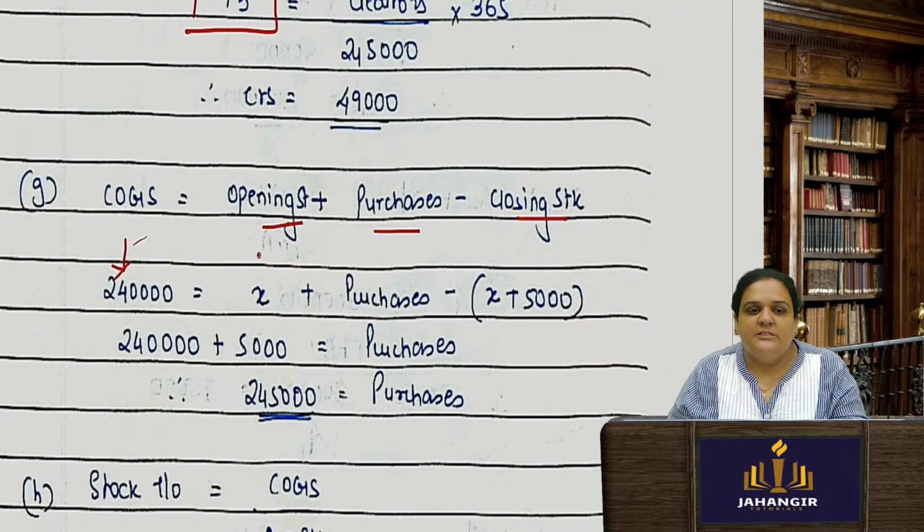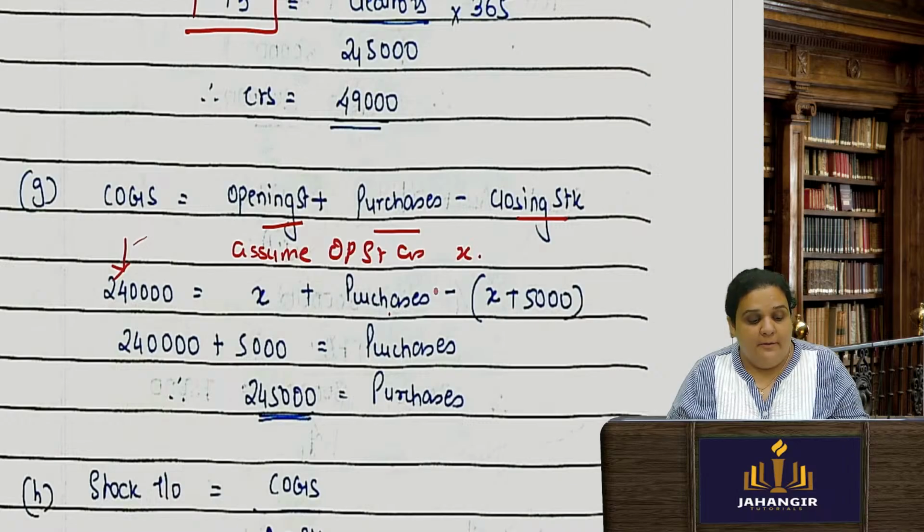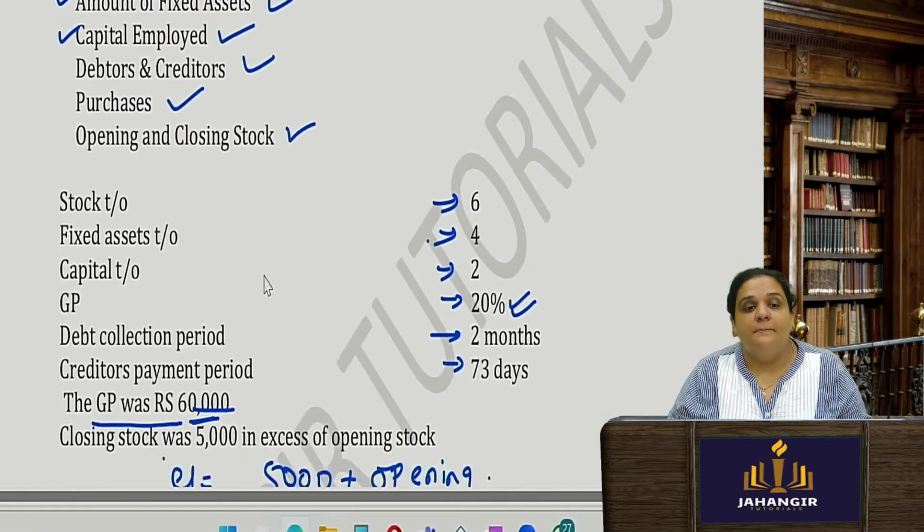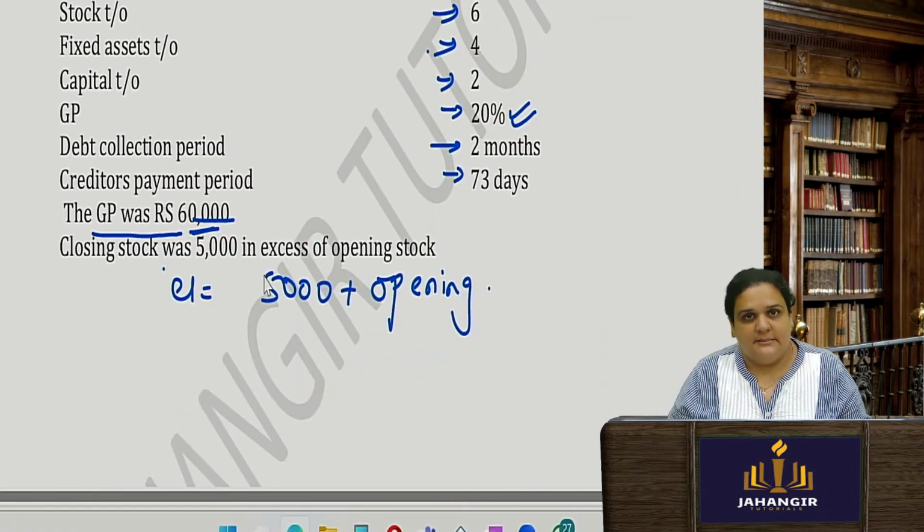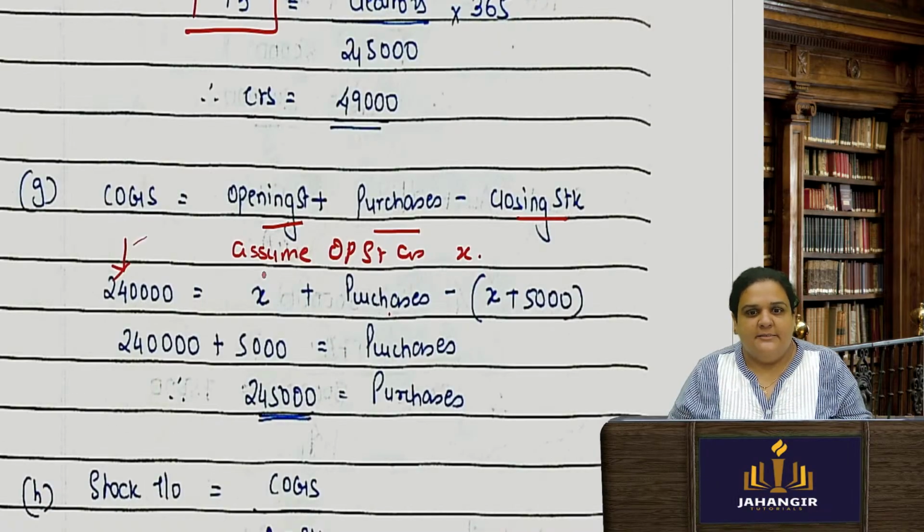Opening stock, assume it to be X. Purchases I don't know. Closing stock will be what? It is 5,000 plus the opening, the excess. Means 5,000 plus X. So opening stock plus 5,000 will be my closing stock.